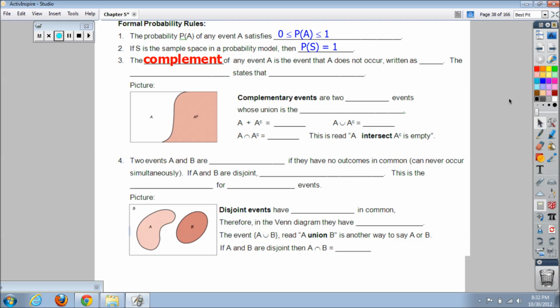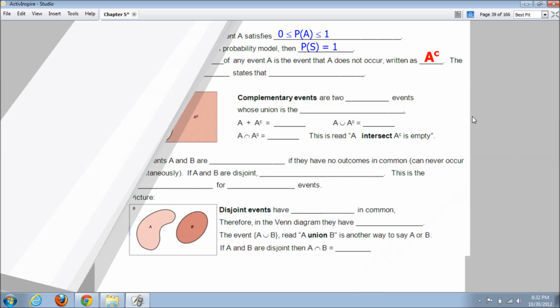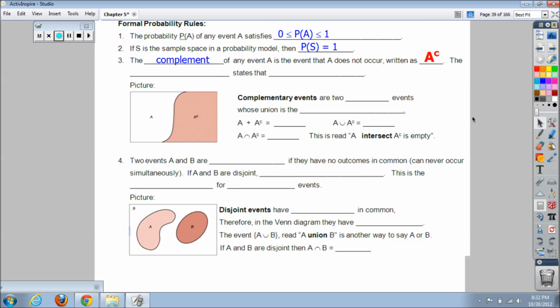Complement in statistics and in probability, there's the E after the L there. Okay, and we're going to write the complement, and it kind of looks like we're going to use an exponent that's a C. So if we have event A and we say, well, if event A does not occur, then we say A complement. Okay, kind of looks like A to the C power.